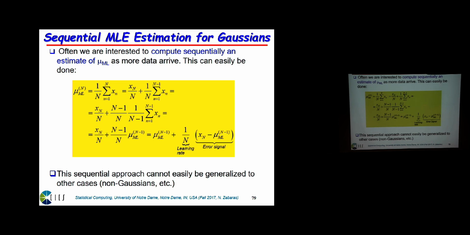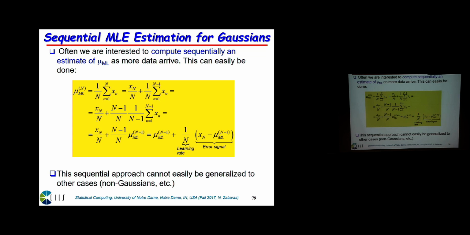If you have a problem with big data and you want to compute the MLE estimate, because it's an important point estimate, you want to do it as data arrive one at a time. You're not going to sum all the data, and then somebody sends you another data point and you do another calculation, right? You want to compute this sequentially, and nicely enough, if you do the algebra, it comes out that if you know the MLE estimate for an n minus 1 data set, and a new data point comes, yes, you can update your MLE sequentially.